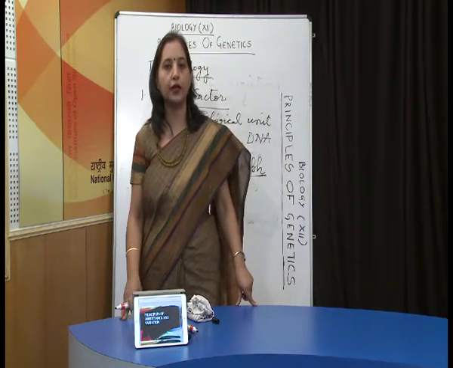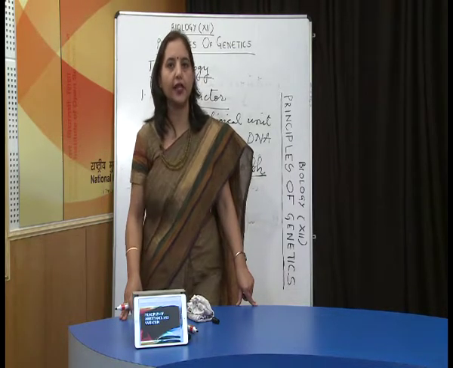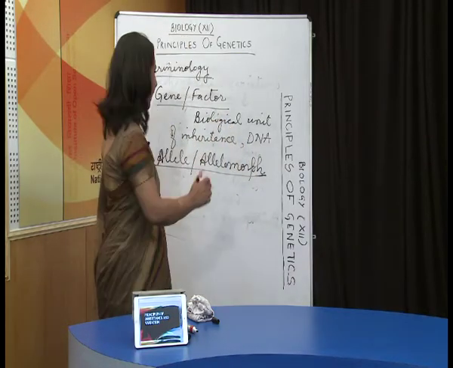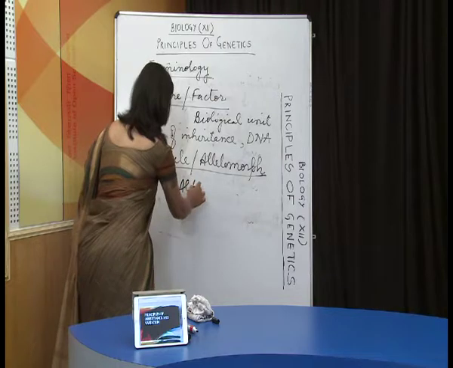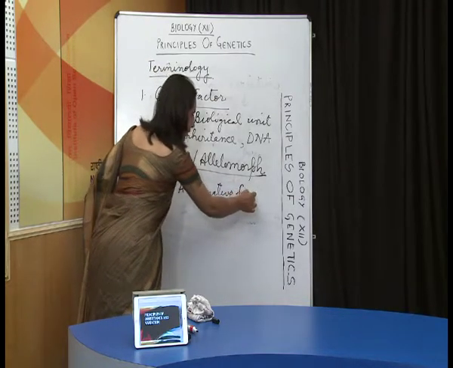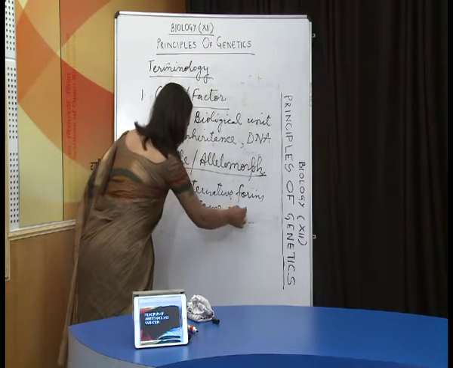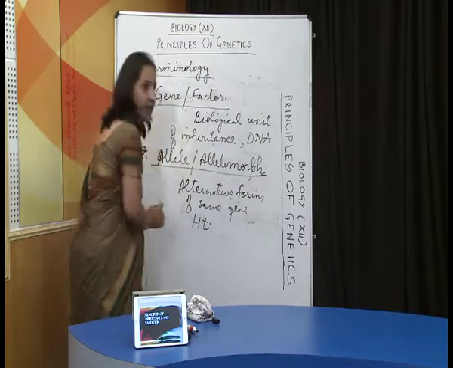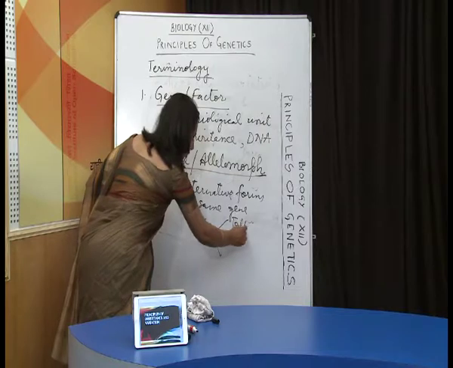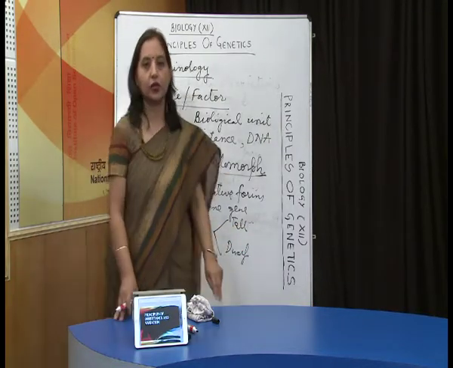So there are two alternative forms of the same gene that controls the height, and these are called alleles. For the height of the plant, there are two alleles: one is tall and the other is dwarf.